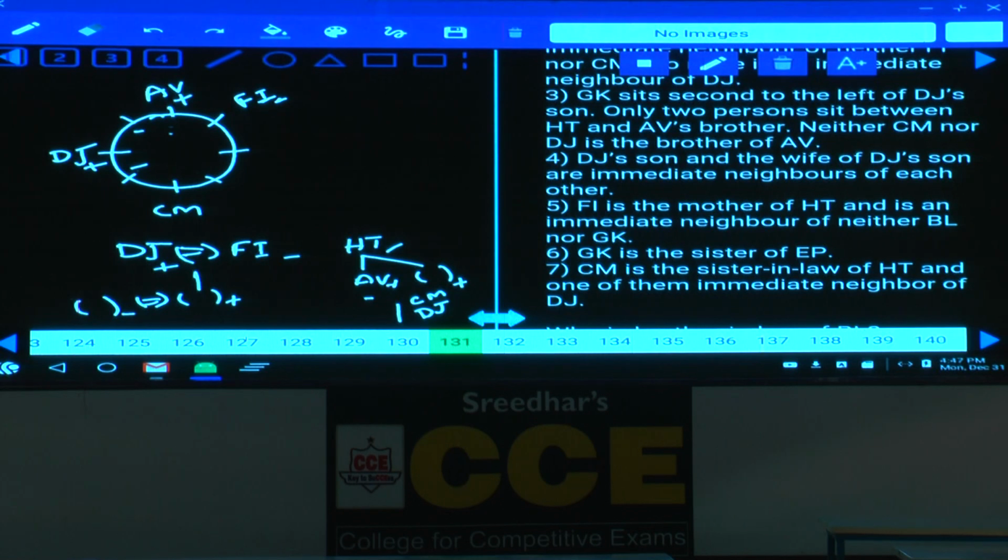Then if you take 1, 2, 3, 4 persons here, and again 5, 6, 7, in total we have 7 persons. Then FI is the mother of HD, clearly given.